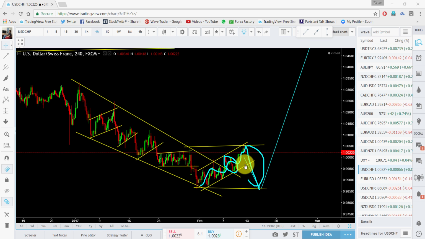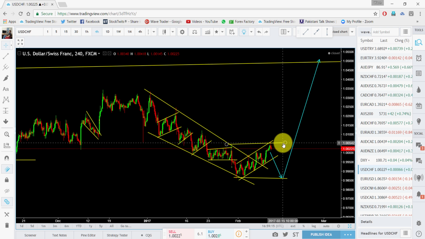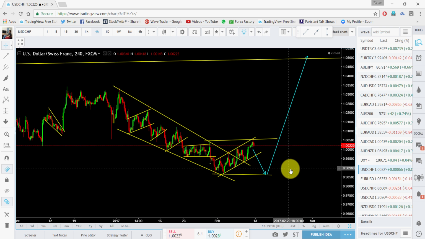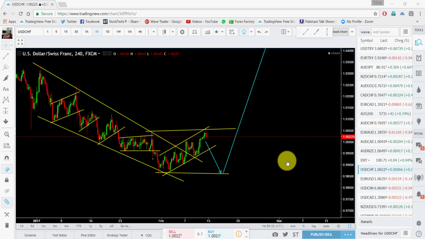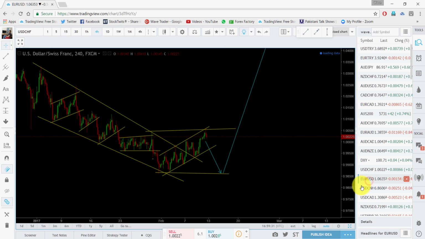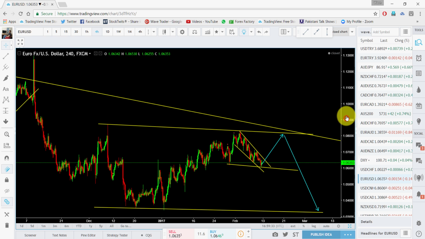For the short term we will look for a sell, and once price hits the bottom, we will look for a buy for the longer term trade to the upside. For the setup, we're looking for upside, something like a double bottom.